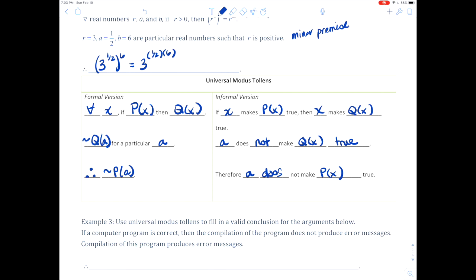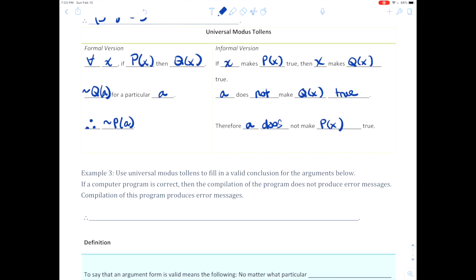All right. So, more examples using modus tollens. We want to make our statement so that our conclusion makes it a modus tollens argument. So if a computer program is correct, then the compilation of the program does not produce error messages. Compilation of this program produces error messages. Therefore, so it's kind of weird, it negated a negative, which somebody I think asked me about, so my apologies for not getting back sooner, but that's okay.